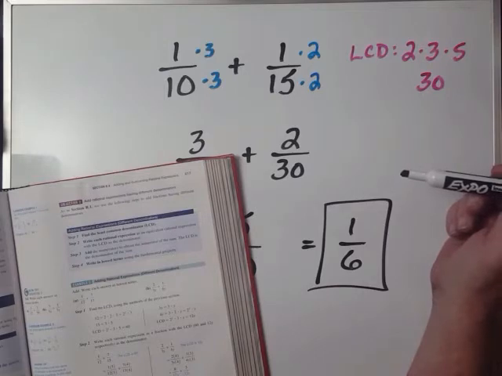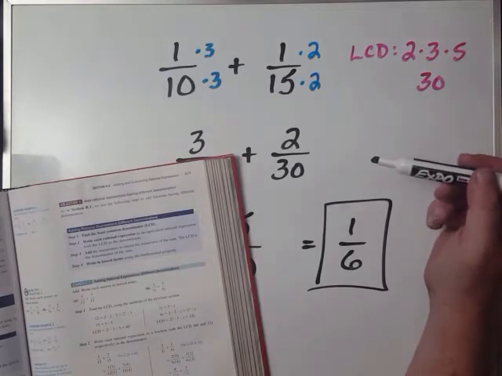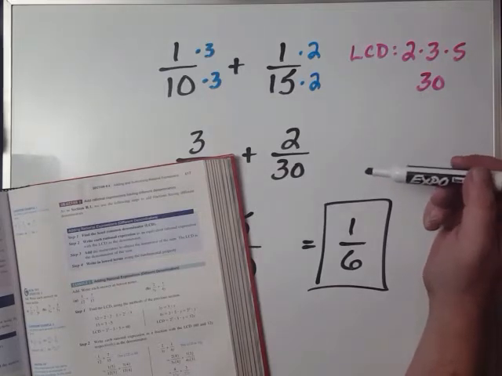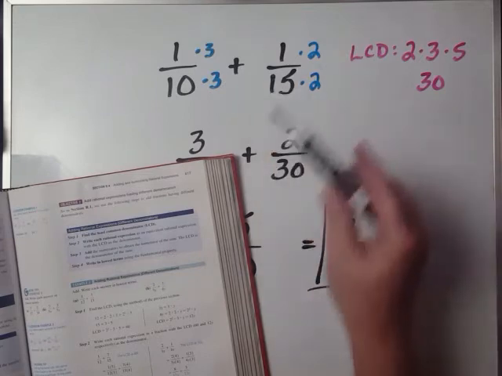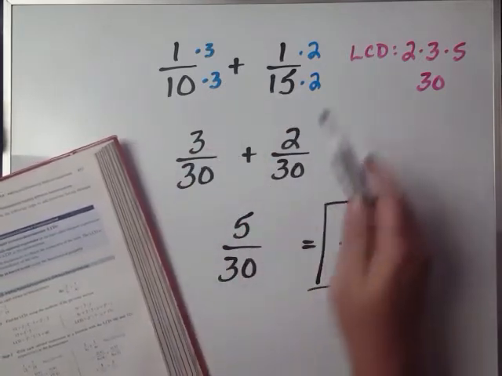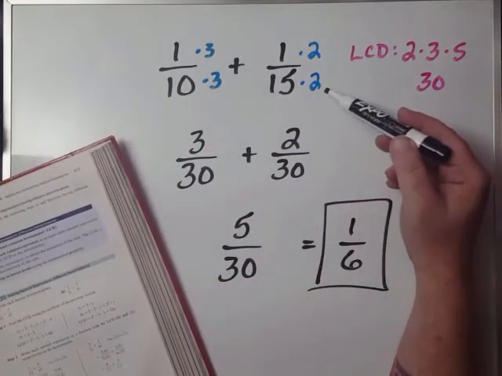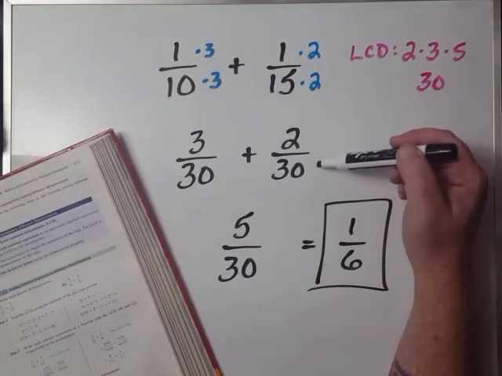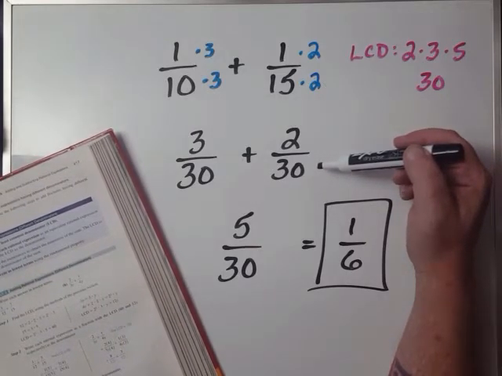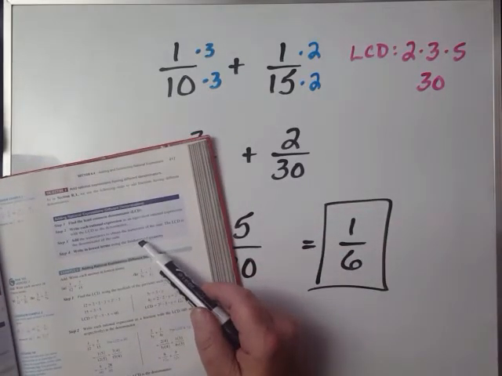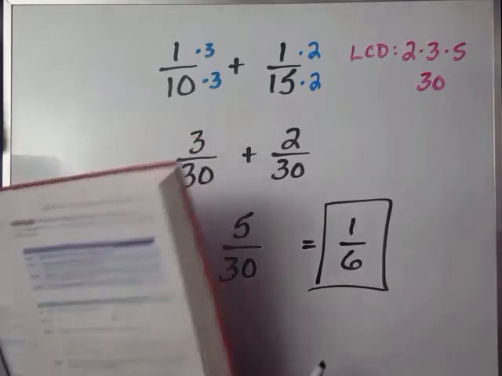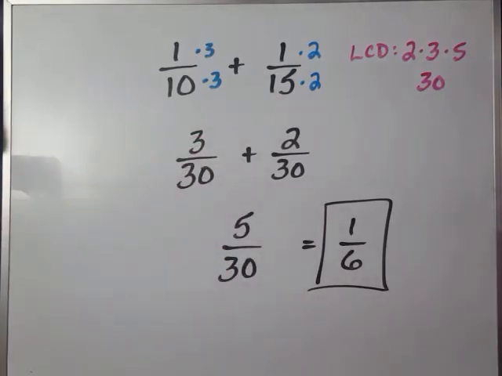Step 2, rewrite each rational expression as an equivalent rational expression with the LCD as its denominator. That's what we did here in blue and into the next step. We changed our fractions to both have that common denominator. Now once you have a common denominator, you add the tops, write that result over this common denominator, and finally, step 4, reduce to lowest terms.